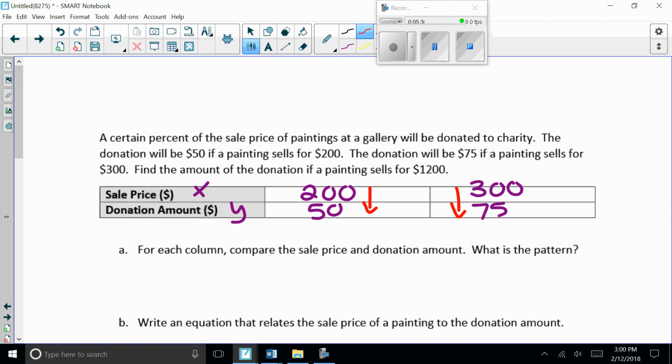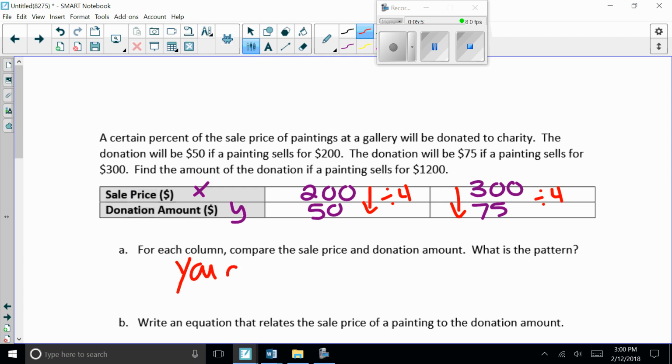So here, if I subtracted, I would subtract 150. But here, if I subtract, I would subtract 225. Since those amounts are different, subtracting is not the viable option. But I can divide. So from 200 to get to 50, I would divide by 4. 300 to get to 75, I would divide by 4. So we've just found our relationship.